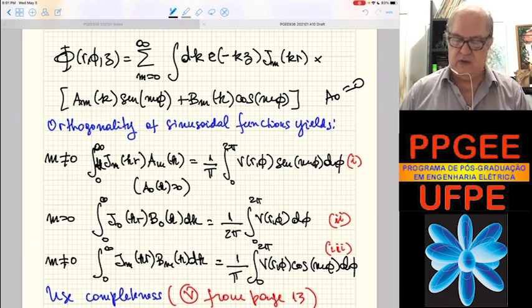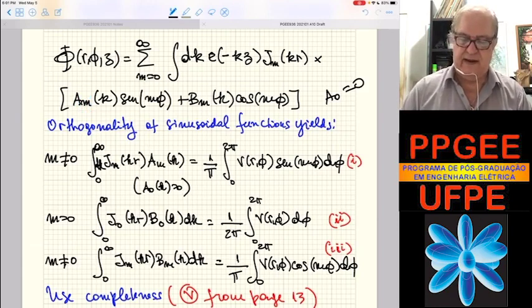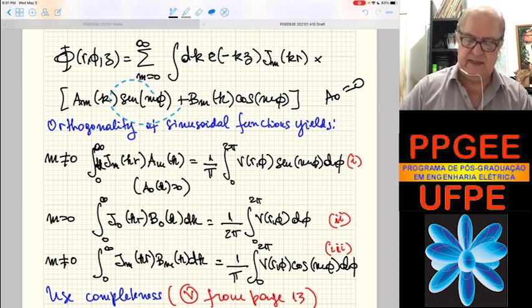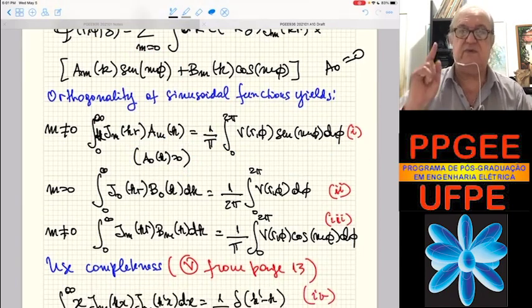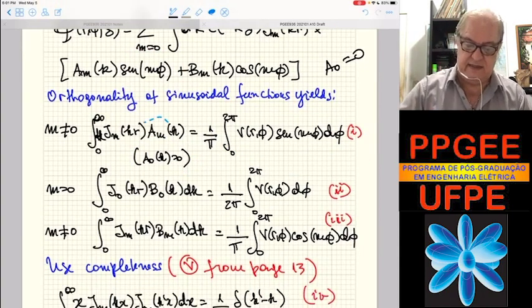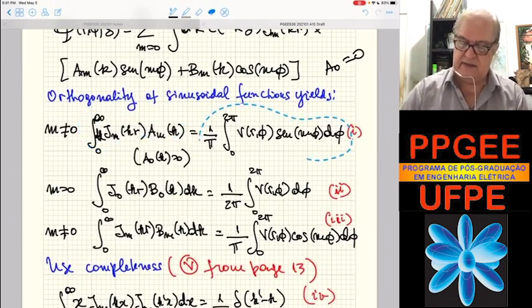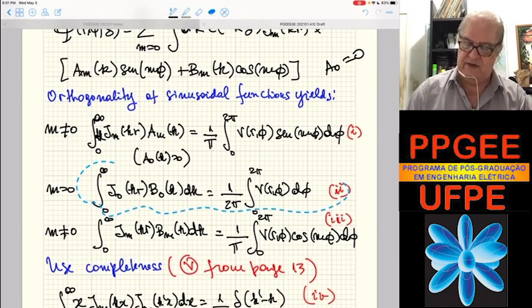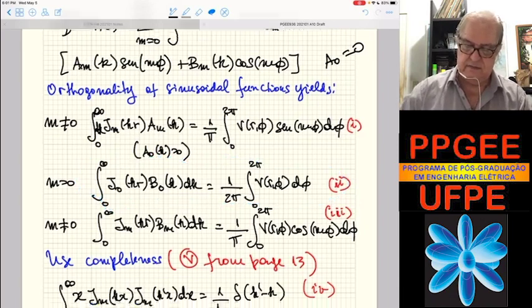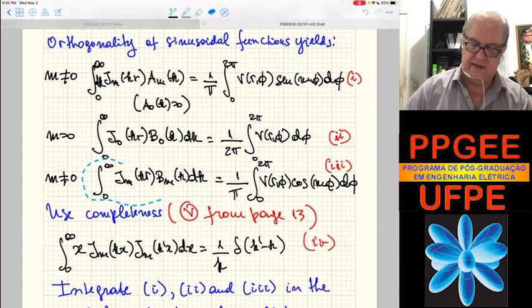We just use orthogonality: we multiply by the sine function on both sides and integrate from 0 to pi. We determine one integral relation. We don't determine the coefficient, but we determine that this integral is given by a given number, which is this calculation here. For m equals 0, you can calculate the integral for the b coefficients, and likewise for m different than 0.